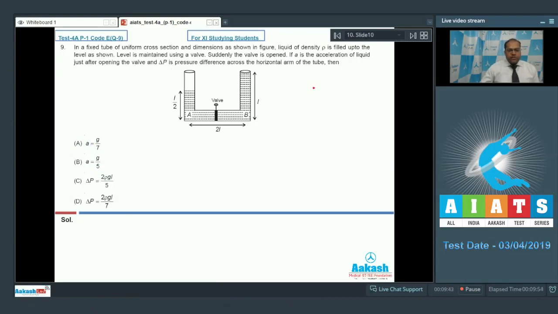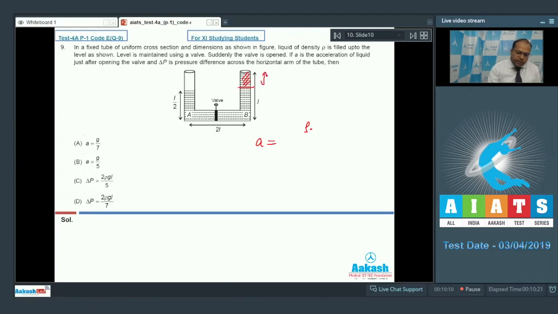So the acceleration is equal to the extra force acting on the liquid, which is because of this liquid, divided by the total mass of the liquid. So when the valve is open, the acceleration A can be written as the extra force due to this liquid, which is m into g. So m can be written as density, that is rho, into length.